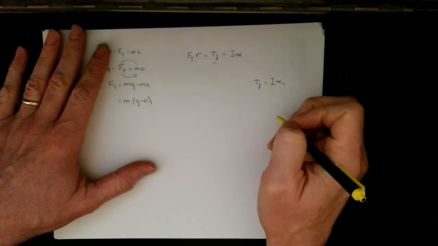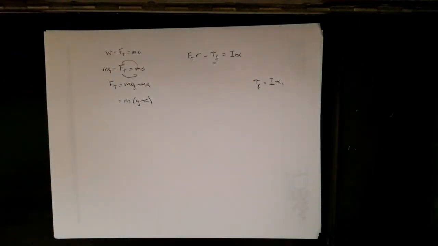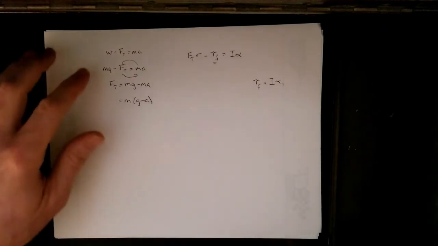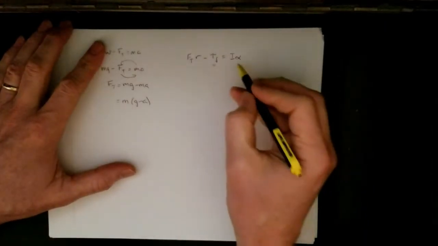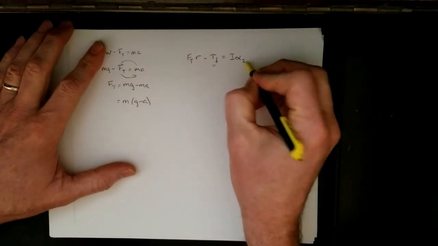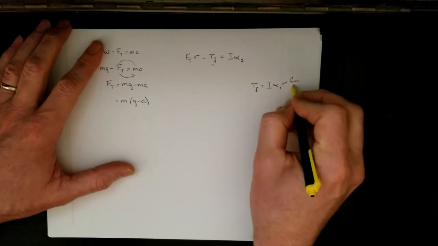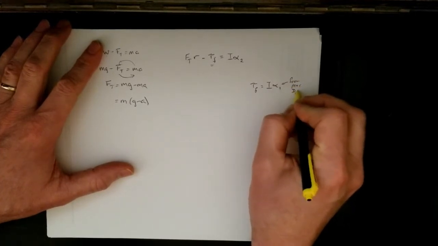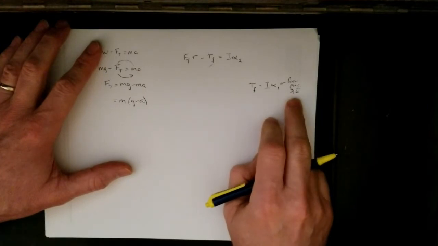So that for the lab was part D and E. And I'm going to call this alpha 2. So this is from procedure D or E, depending upon if it was just the aluminum disc or the aluminum disc and the steel disc.